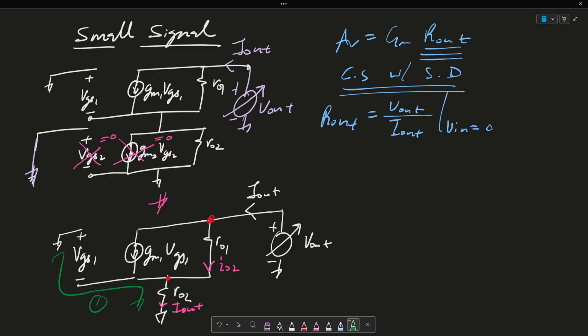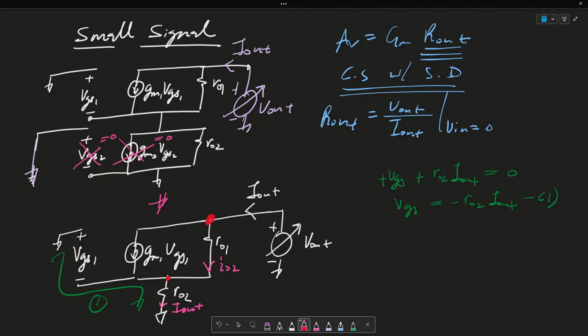Let me call this loop 1, and let me write a KVL for loop 1 and say plus VGS plus RO2 I out must equal 0. So that means VGS equals minus RO2 I out. Let me call this equation 1.